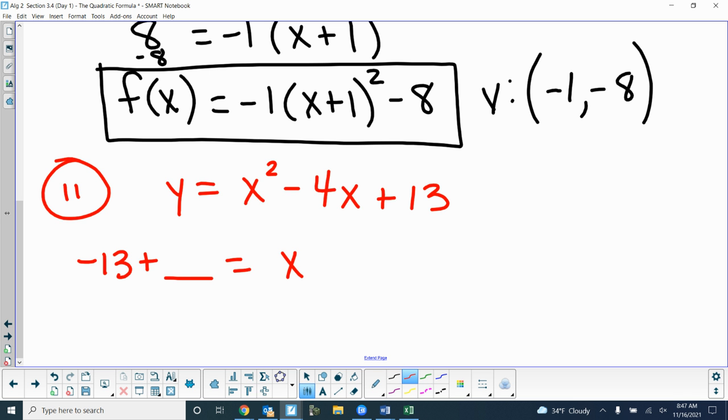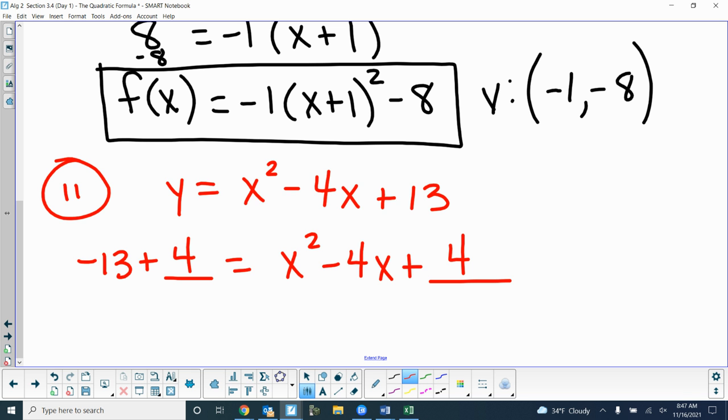My a is already a positive 1, so I don't have to factor anything out. All right? So I take half of the 4, the b, which is 2, and then I square it. 2 squared is 4. Remember, when we do the blank, it's always plus the blank. Okay? Never minus the blank.